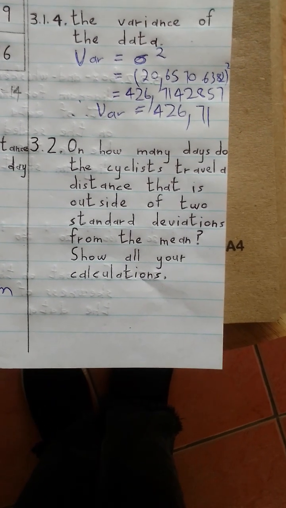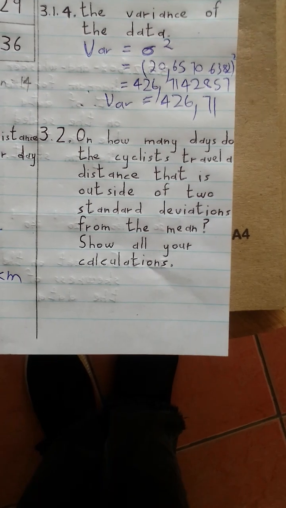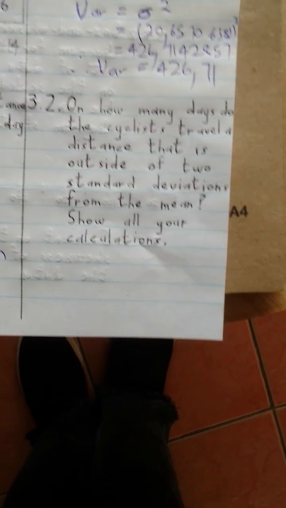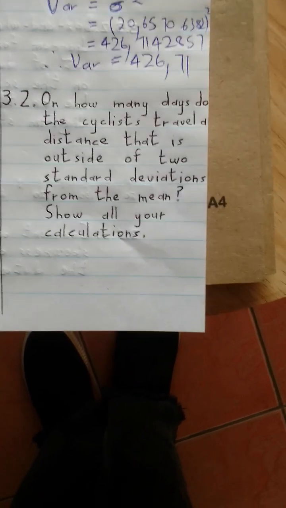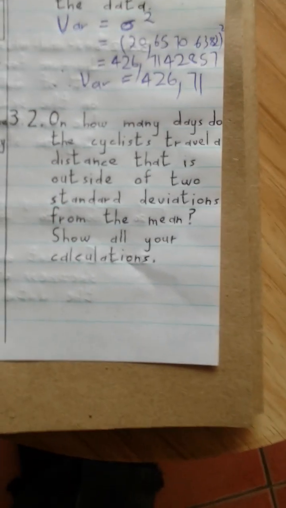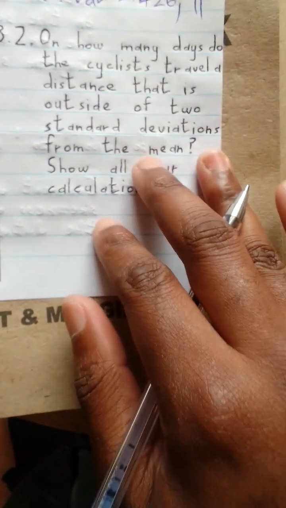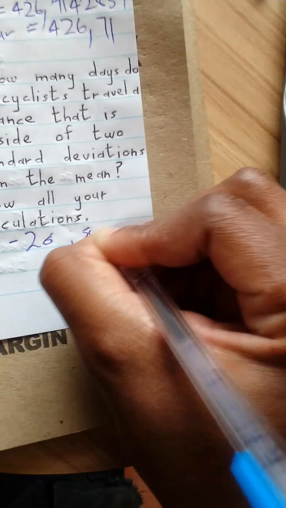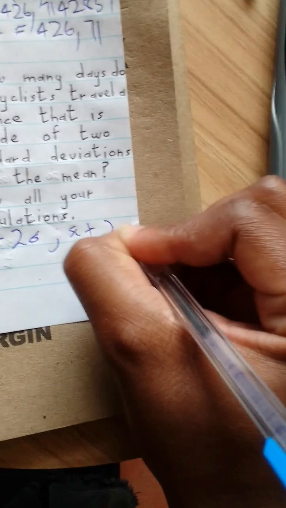3.2 states, on how many days do the cyclists travel a distance that is outside of 2 standard deviations from the mean? Show all your calculations. Okay. So 2 standard deviations, x bar minus 2 rho and x bar plus 2 rho.